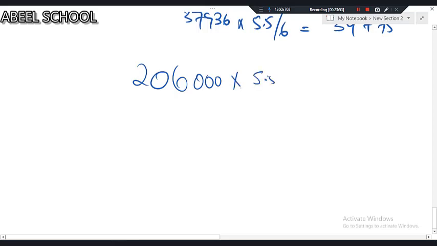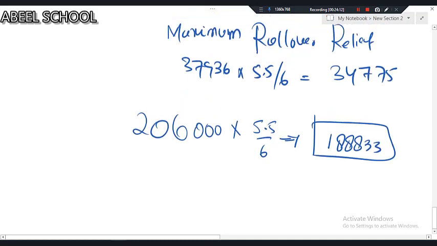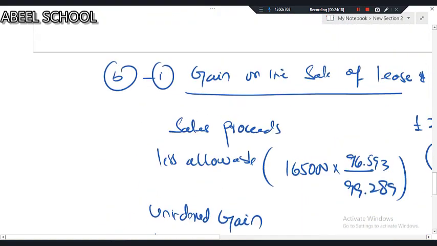Just multiply this with 5.5 upon 6. How much are we getting? We are getting 1,88,833. So within the qualifying period, if Kelp Limited reinvests 1,88,833, only in that case, Kelp will get the rollover relief of 34,775. Okay.